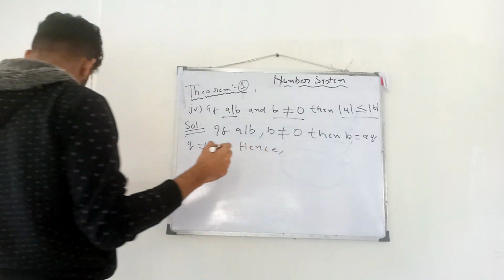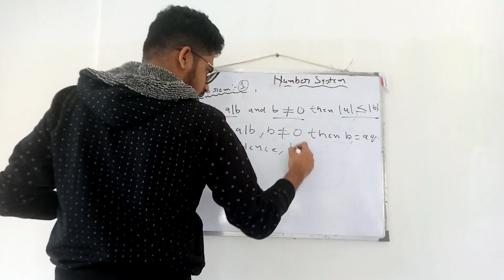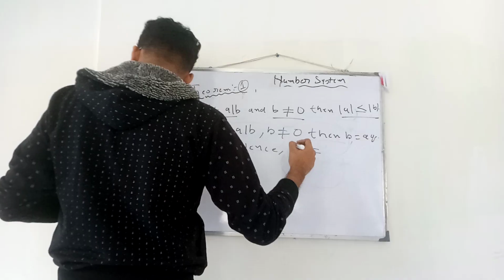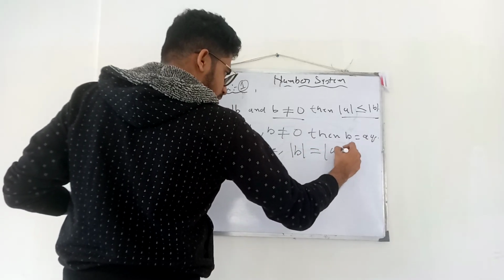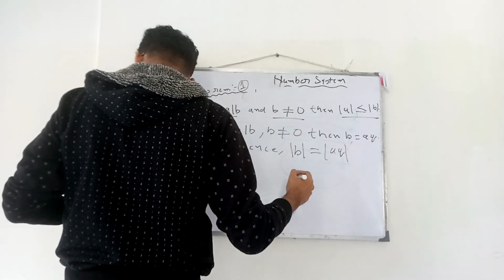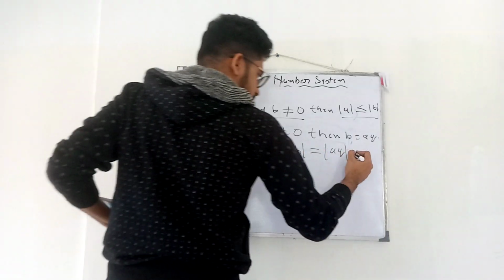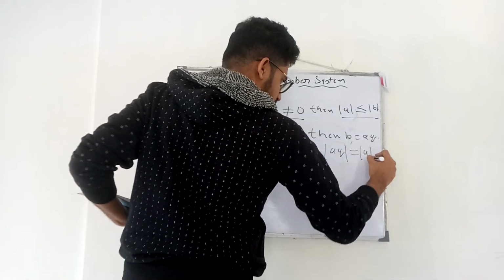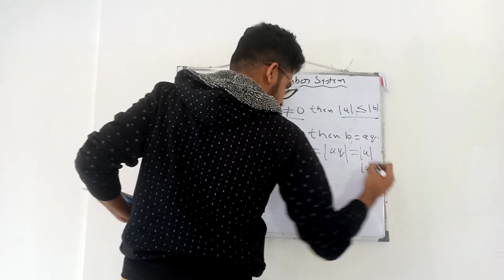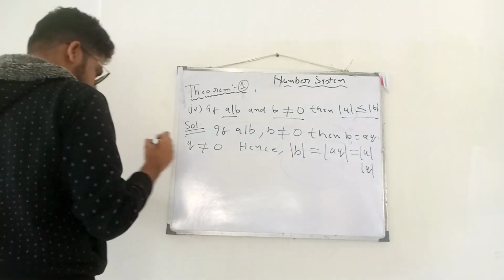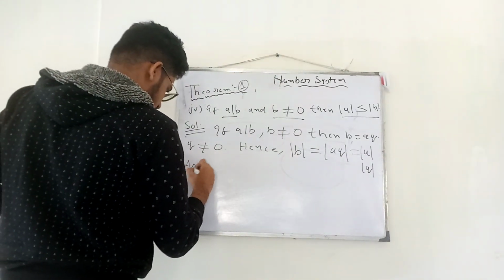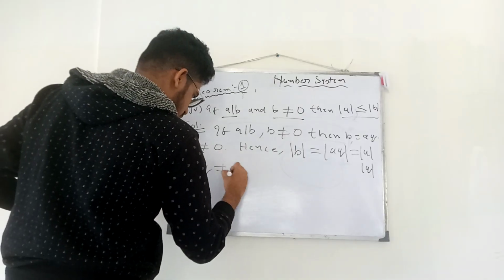Hence, they are saying that B is equal to modulus of AQ. So we can write it as modulus of A, modulus of Q, as Q is not equal to 0.